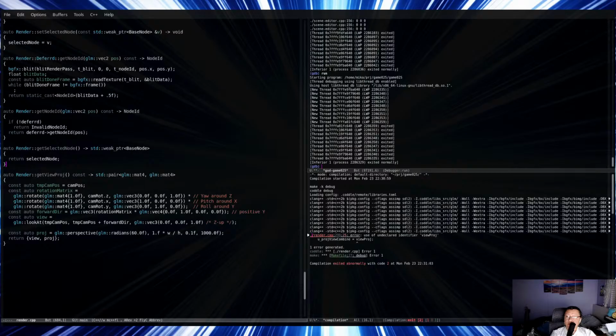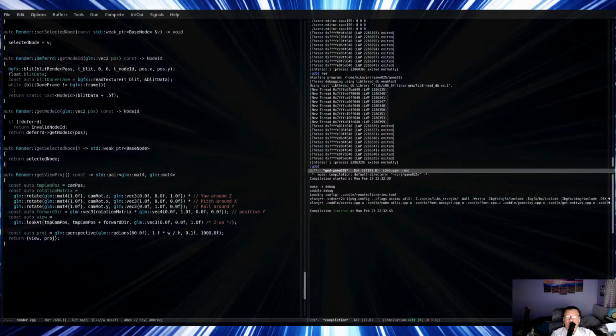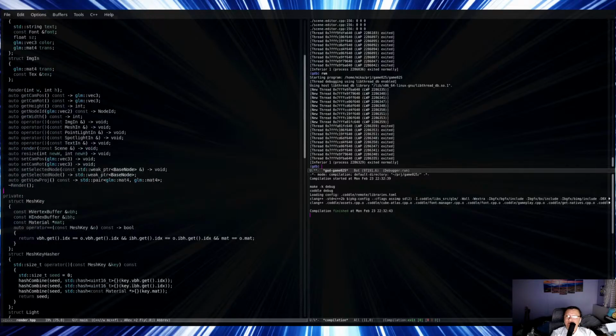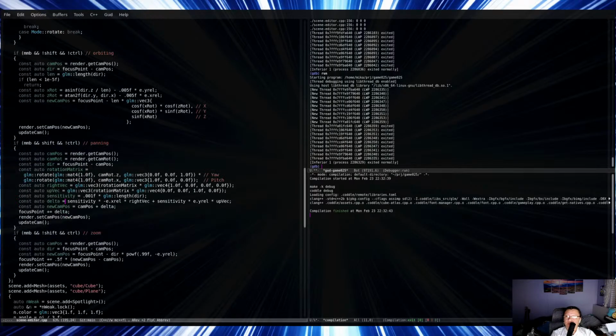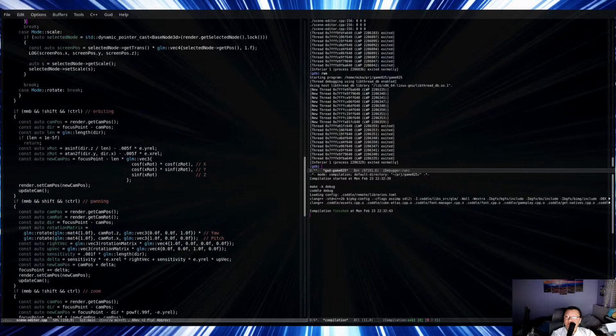View approach. So get view approach. So that's compiled. Get view approach. Scene. Get trans.